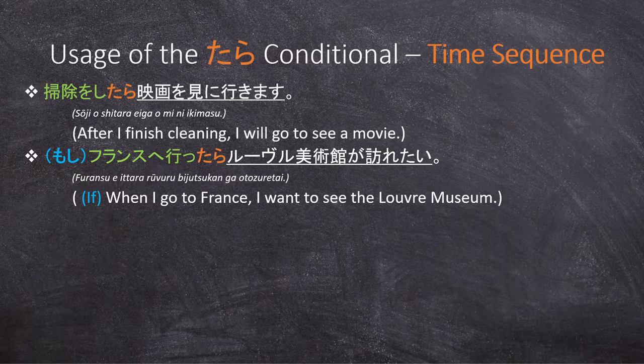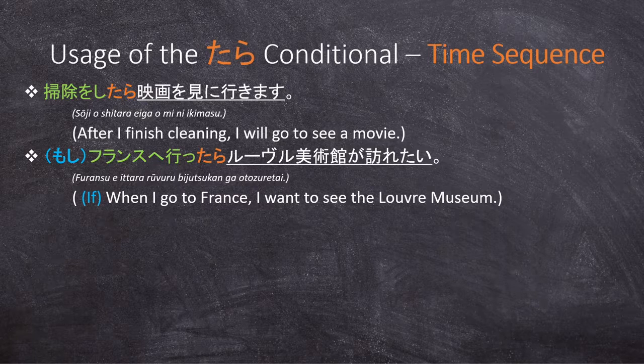Now, Moshi here is, like we have talked about it in the Ba video, simply an additional supplement to your sentences to introduce them as a conditional. And that is why Moshi here is exceptionally useful with Tara, because it eliminates that ambiguity that exists with Tara.